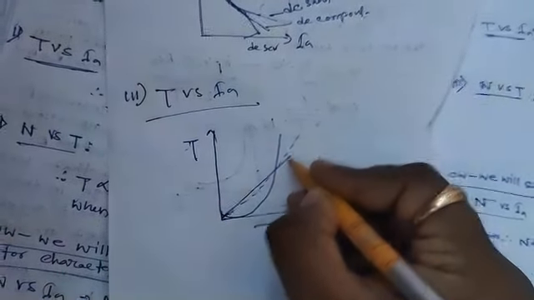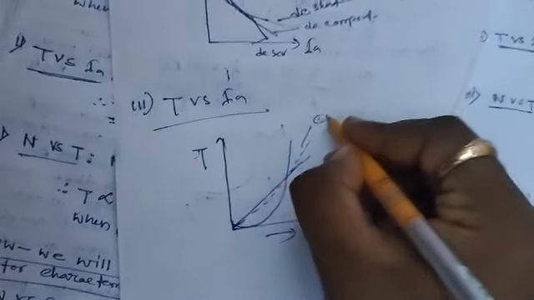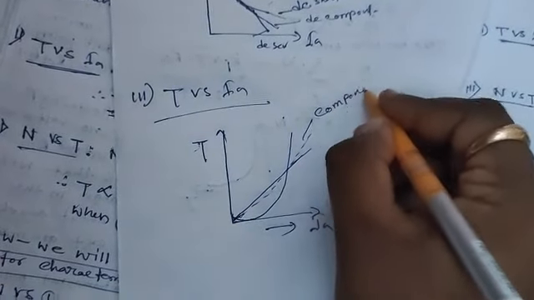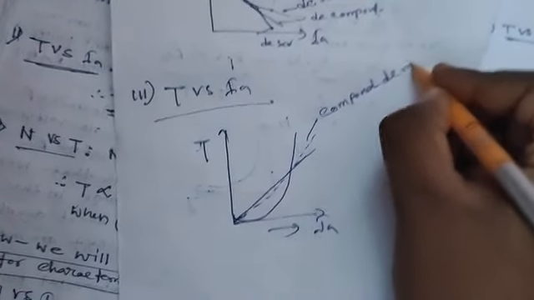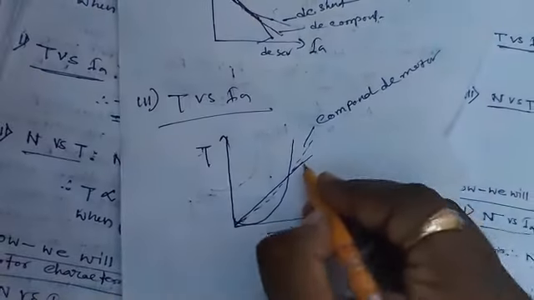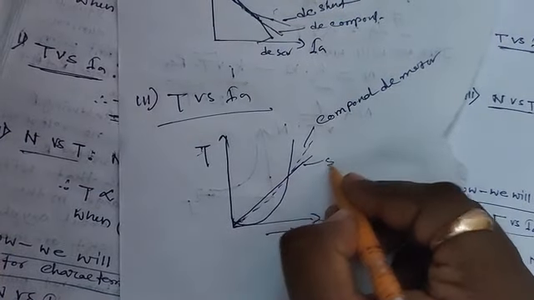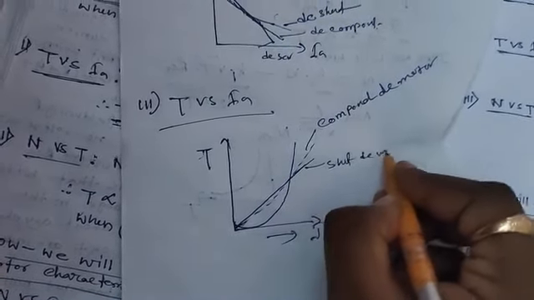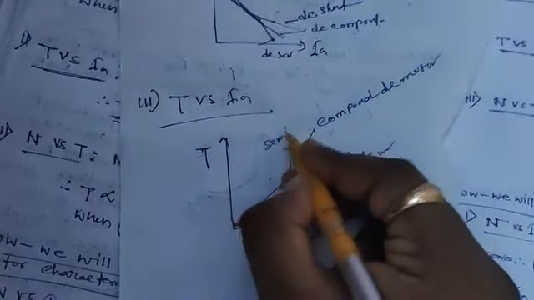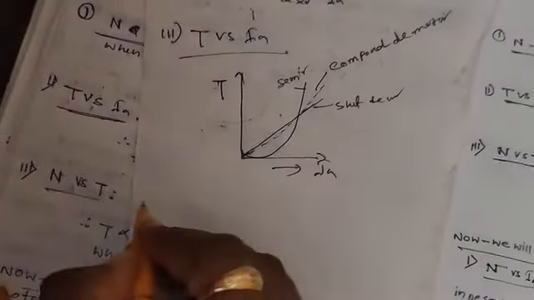The compound characteristic is this, the compound DC motor. This is the shunt DC motor, series.